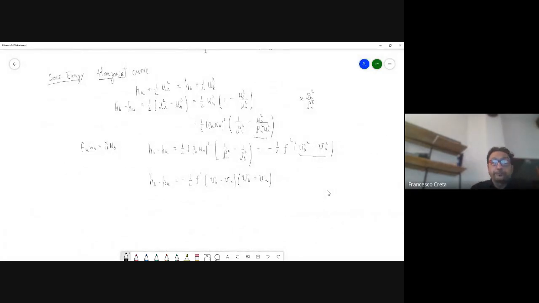So I'll write it out right here. So the Rayleigh lines told us that PB minus PU is in fact equal to minus F squared VB minus VU.